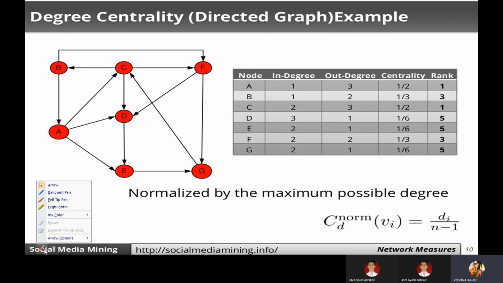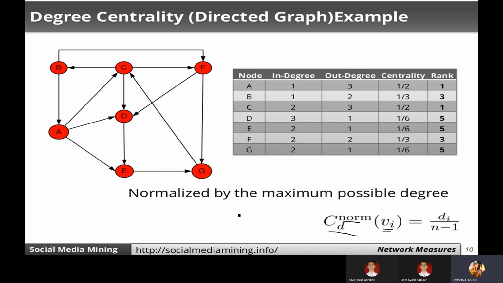Just a minute, let me use my marker pen. Now for this particular graph, I have to focus only on the centrality part. For finding the centrality, the formula we have is normalized by maximum possible degrees. We want to find the centrality of the vertex Vi, that is Di divided by the number of vertices minus 1.